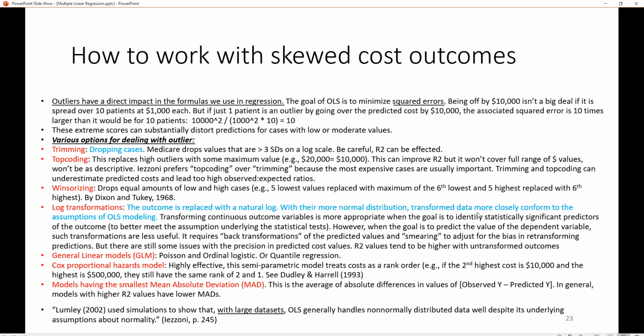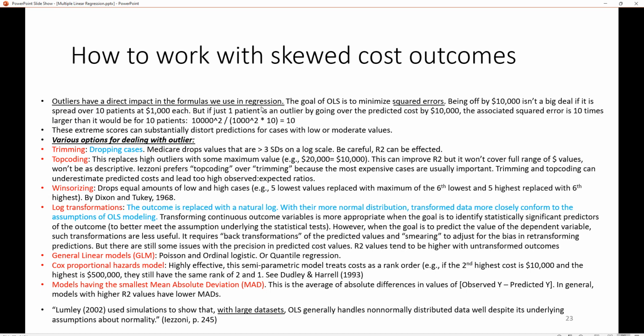And here's a slide on how to work with skewed outcomes. Outliers have a direct impact in the formulas we use in regression. Our goal in OLS is to minimize squared errors. So if you're off by $10,000, it's not a big deal if it's spread over 10 patients at $1,000 each.